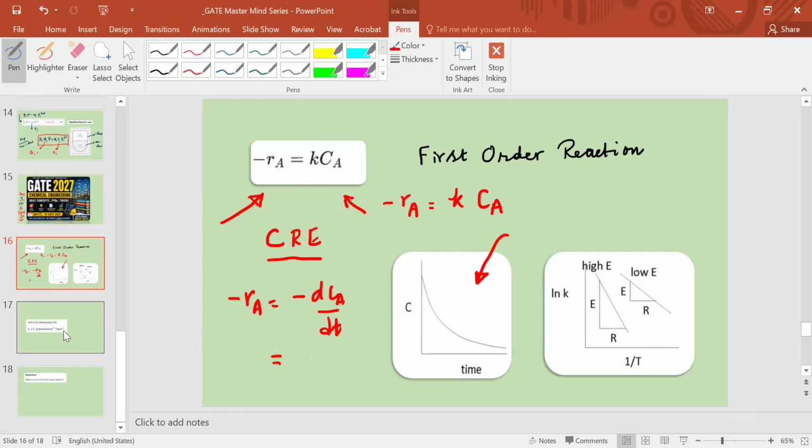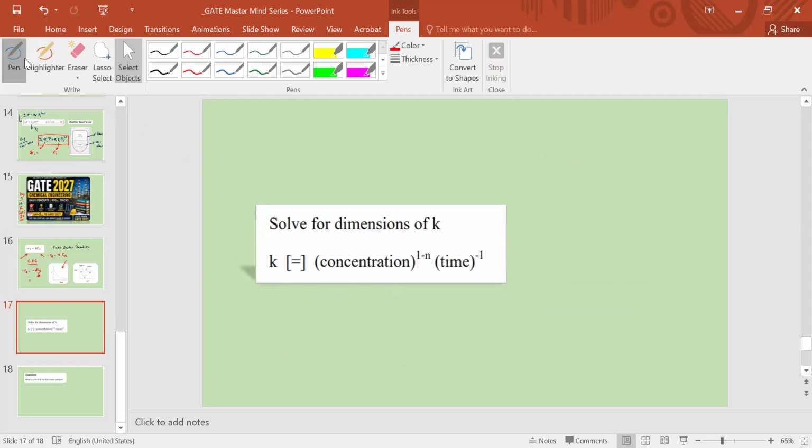Now, if we write in general the rate of any order reaction, here n denotes the order of the reaction.